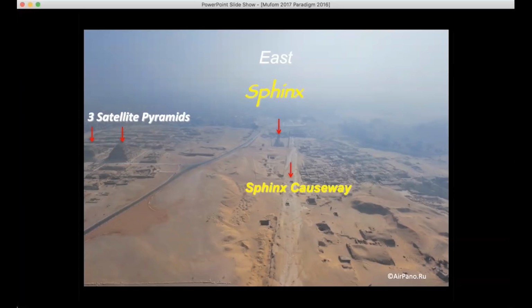The next down low, according to my model, is 17 feet down. Below that is Menkaure, the third and smallest of the 3 main pyramids. And then the Great Pyramid is 33 feet below the elevation of Khafre.